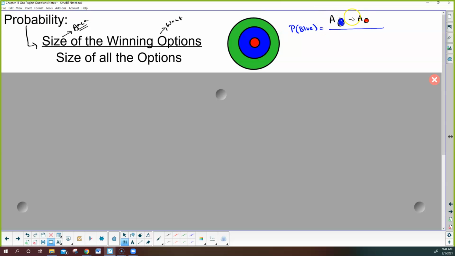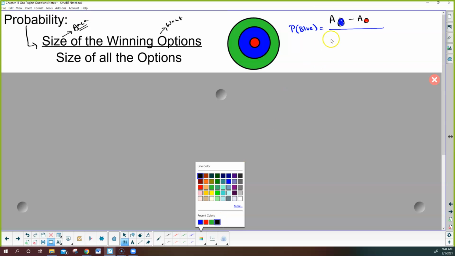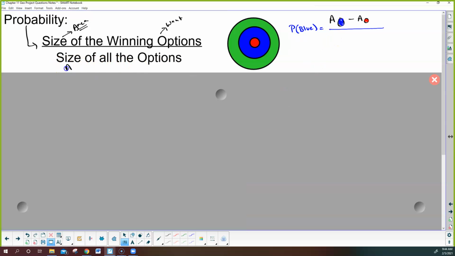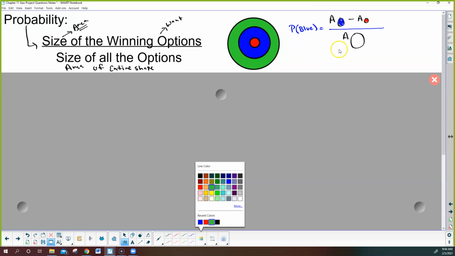So that's the area of what I want over the total area, the size. And again, what is size? Size is area, and the size of all options is the area of the entire shape. Okay, so in this case, it would be the green circle.